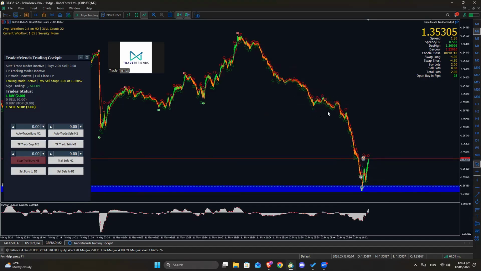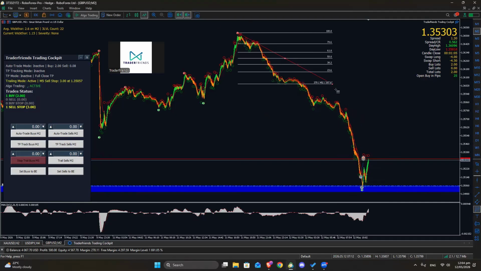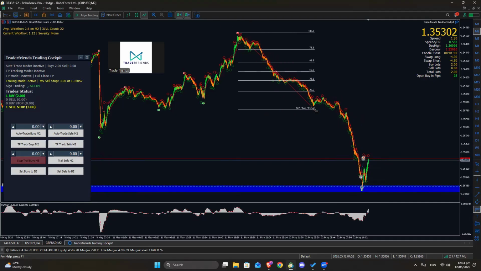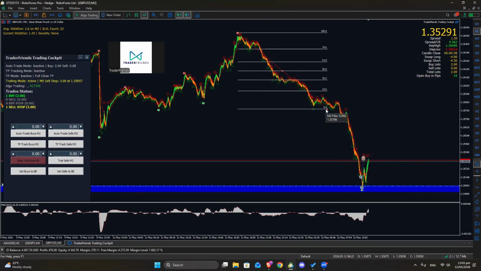When you see something like this, the strongest one that you can see is here. But this is a very small distance. You can measure it from the top with a Fibonacci and see how much percent that is. You go to that green circle here, and you have the 0% here and the 100 on the top.